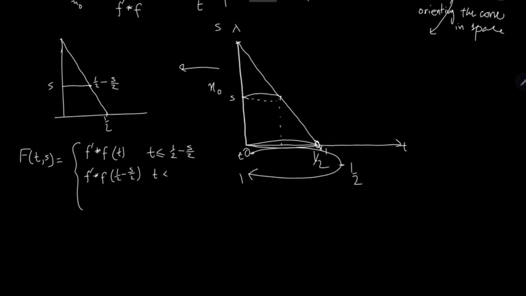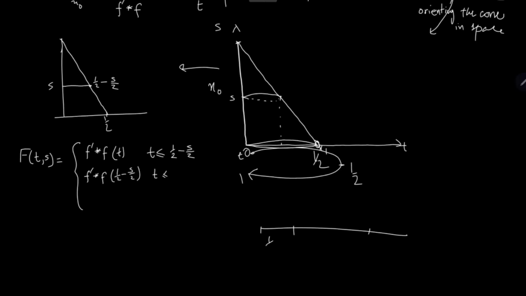Until t grows enough up to, let's see, half minus s by 2 this way, half minus s by 2 that way. So that would be something like, oh okay, what would that be? So this is the length of 1, this is half minus s by 2, 1 minus s, that would be, what is it?